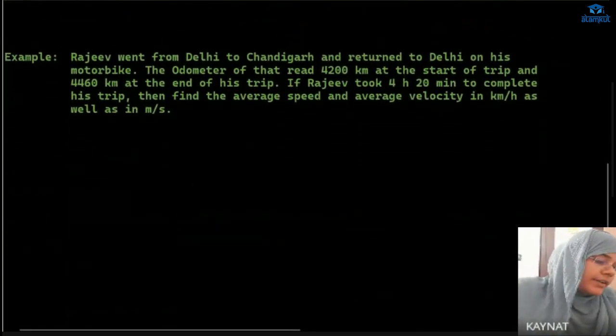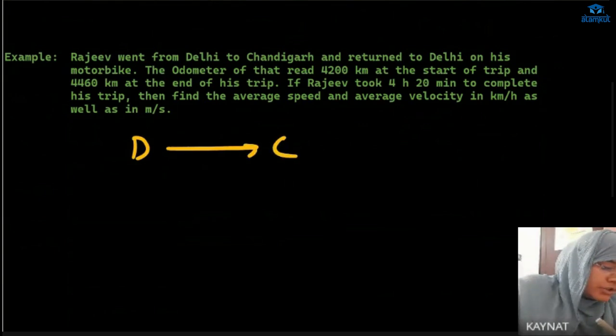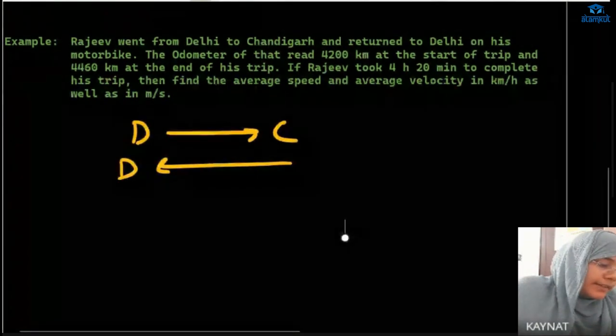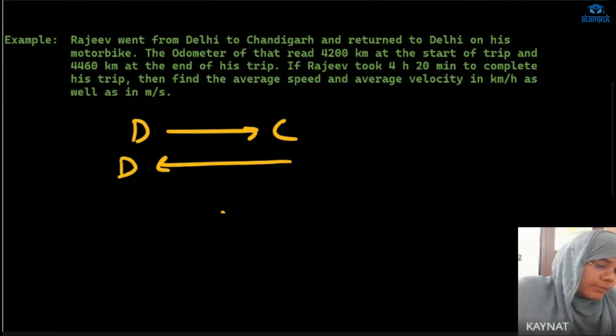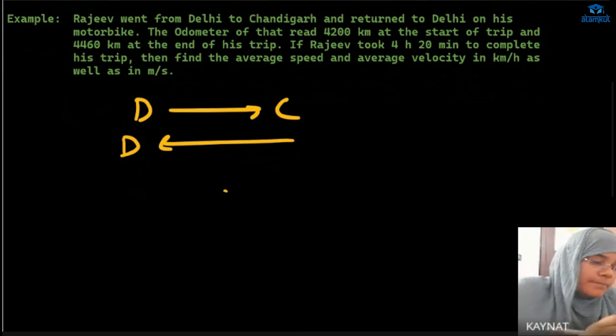Fine. Now the third question. Rajiv went from Delhi to Chandigarh and returned to Delhi on his motorbike. The odometer of that motorbike read 4200 kilometer at the start of the trip and 4460 kilometer at the end of the trip.